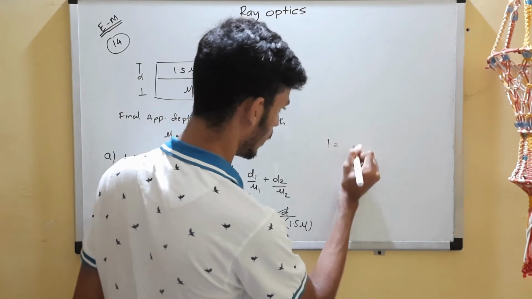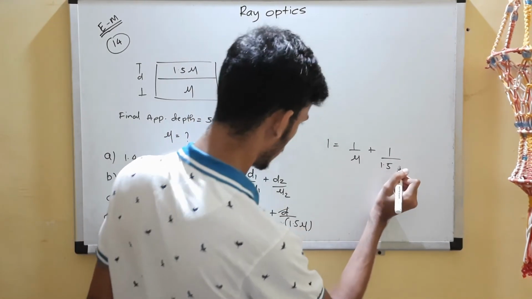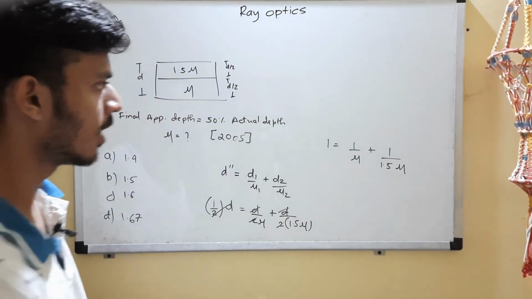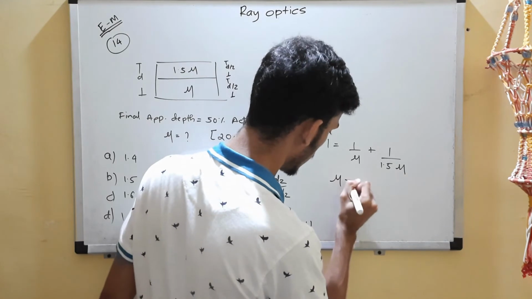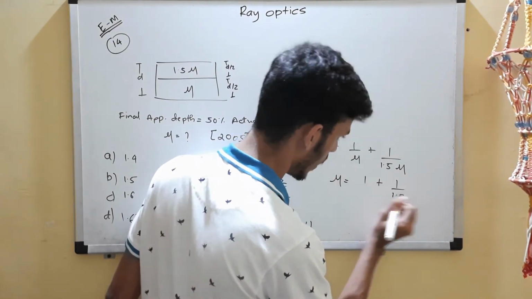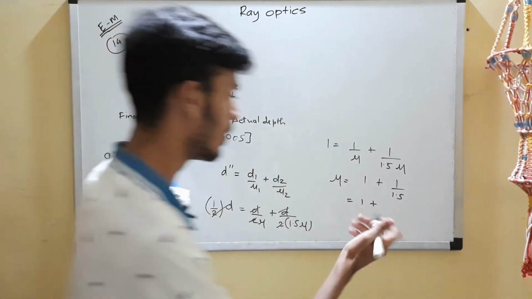So you have 1 is equal to 1 upon mu plus 1 by 1.5 times mu. So you can take mu common, take it to the other side. You have 1 plus 1 divided by 1.5. 1.5 is 3 by 2, so that will become 2 by 3.